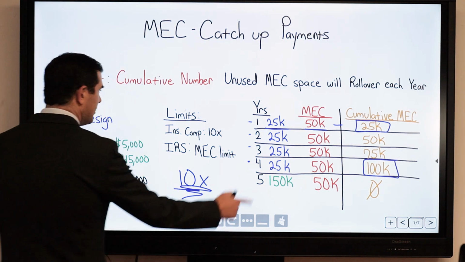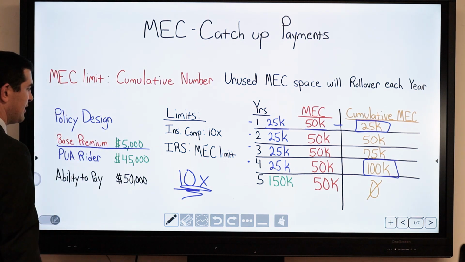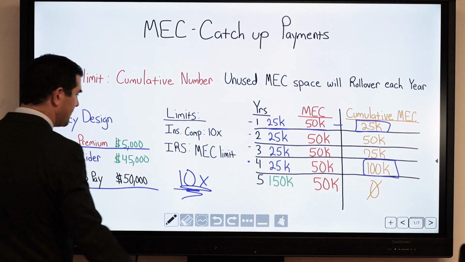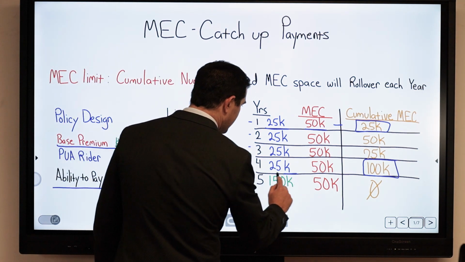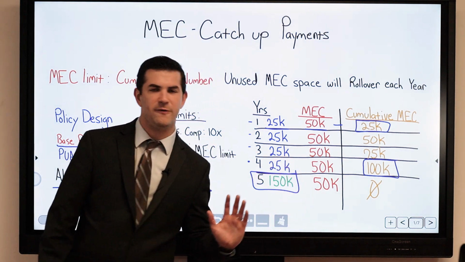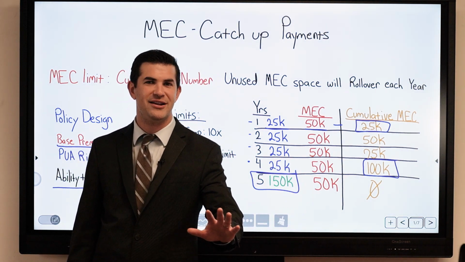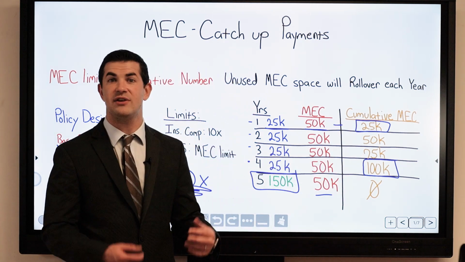So for example, when I first start a policy, $5,000 base premium, ability to go up to $50,000. Okay, great. In year 5, let's say I sell a piece of property and I want to plow $150,000 total into the policy, max out the MEC limit that year, and make up for lost space. I can do it.